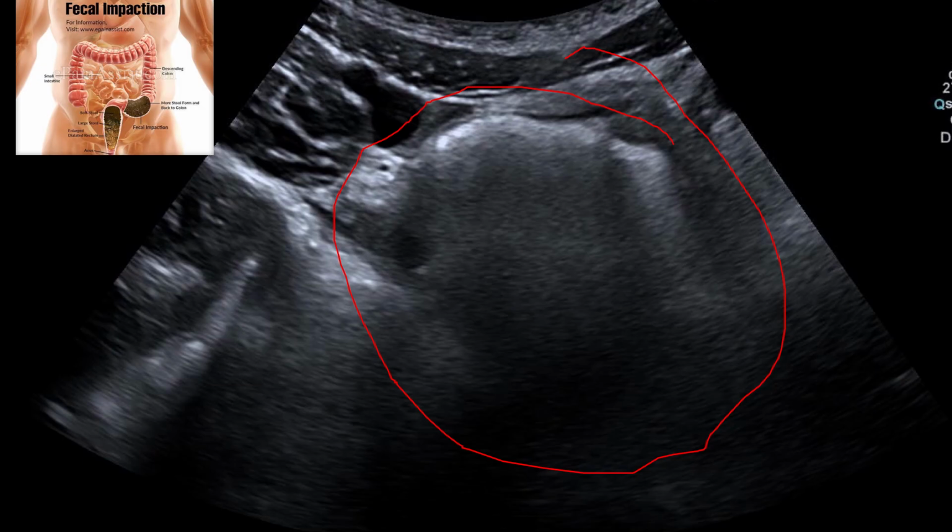So you can see that's the fecal matter there, and then the gas shadows. These produce a very dead shadow, and it is difficult for us to see the distal aspect. You can't see it. So this is loading of fecal matter.